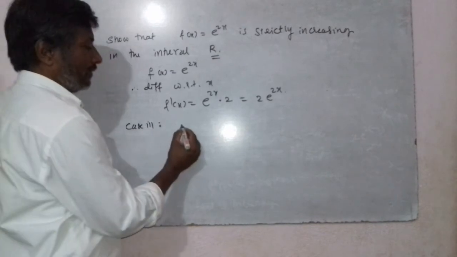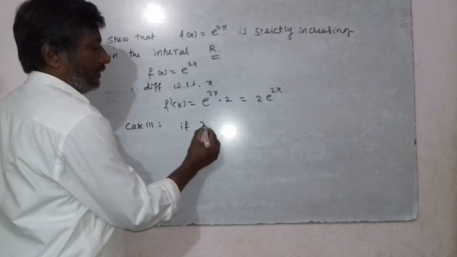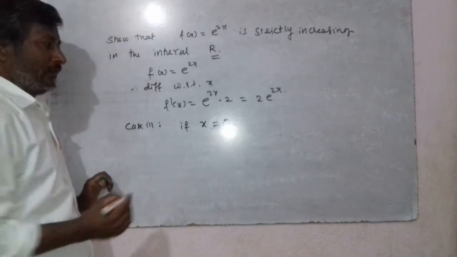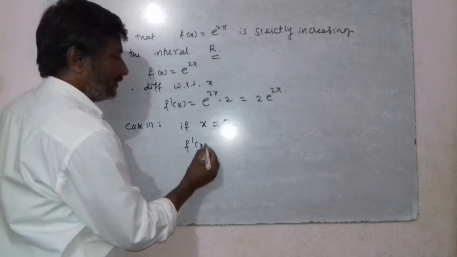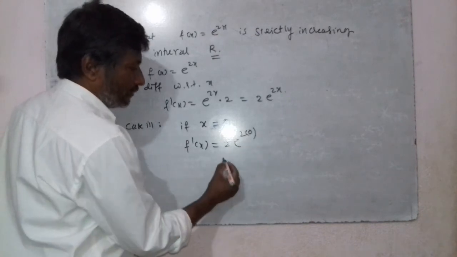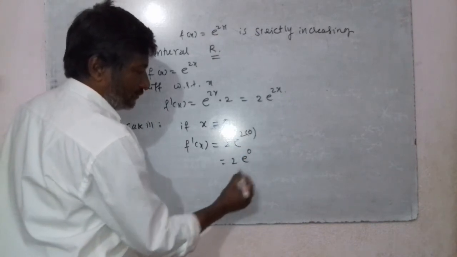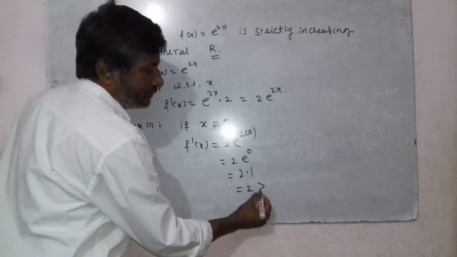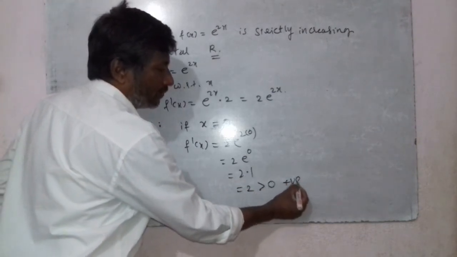Now case 3, if x equal to 0, f dash x equal to 2 e raised to 2 into 0, that is 2 e raised to 0, 2 into 1, equals 2, which is also greater than 0, positive.